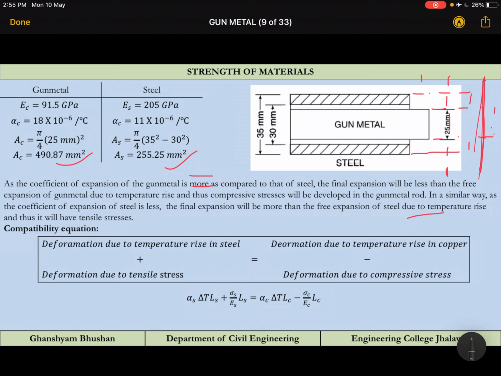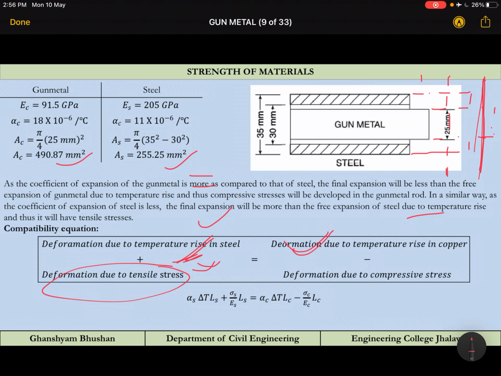Now what will be the compatibility equation? Deformation due to temperature rise will be there. Now the point is, due to temperature stresses, what is going to happen? The deformation due to temperature rise plus, because steel is in tension, deformation due to tensile stress in steel, this side we have taken steel and this side copper, will be equal to deformation due to temperature rise minus deformation due to compressive stresses.